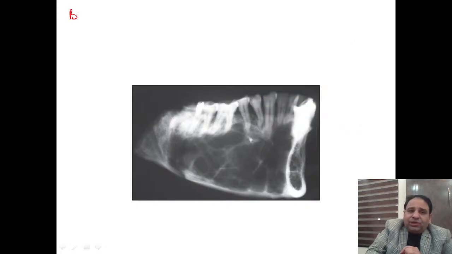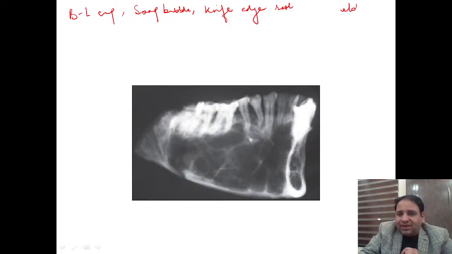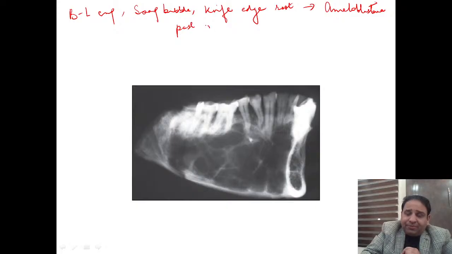If in a question you have buccolingual expansion and you see a honeycomb or soap bubble appearance, and they show you knife edge resorption, root resorption, understand that they are expecting the answer ameloblastoma, that too in the posterior mandible.